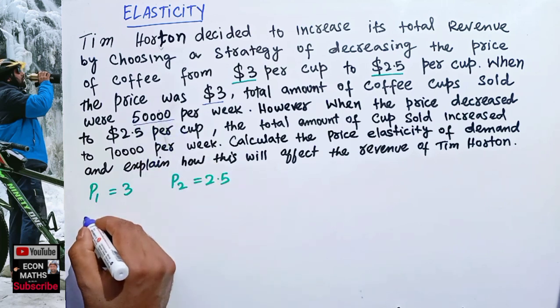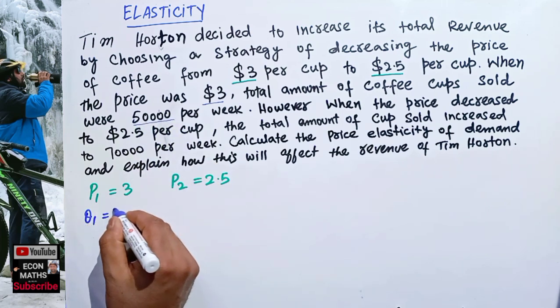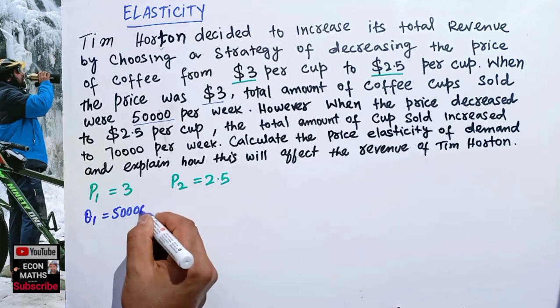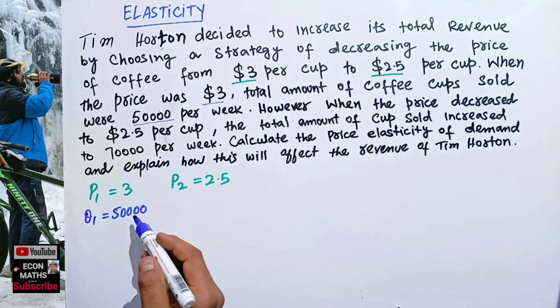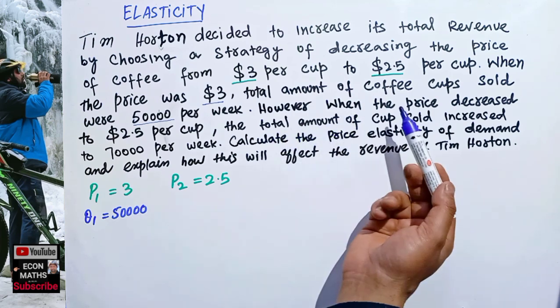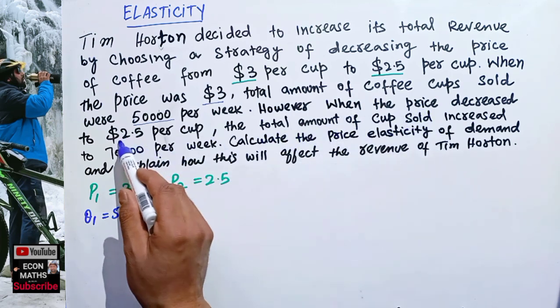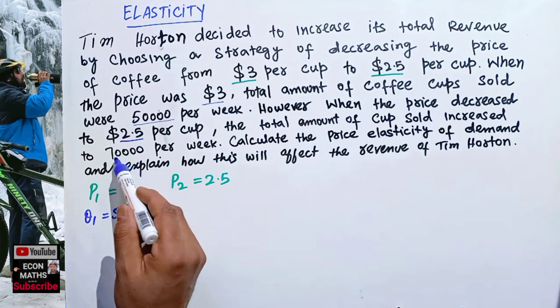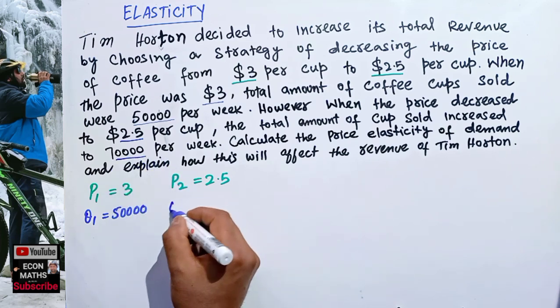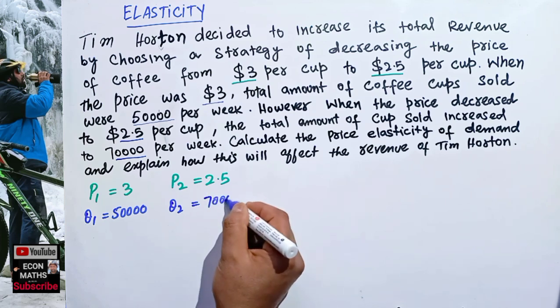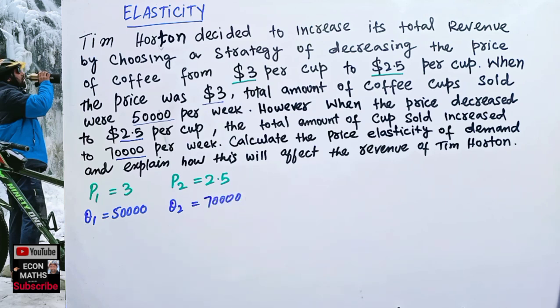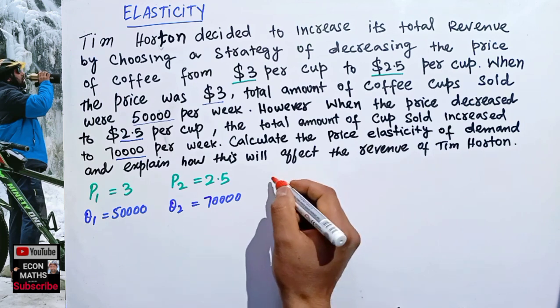Let's write it here. Q1 was 50,000. When price was 2.5, quantity sold was 70,000. That means Q2 is equal to 70,000.